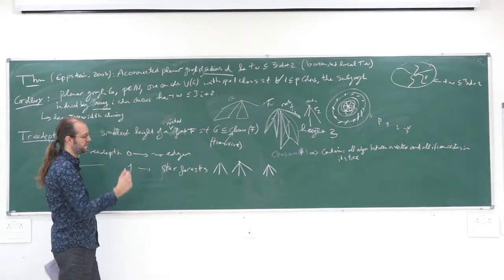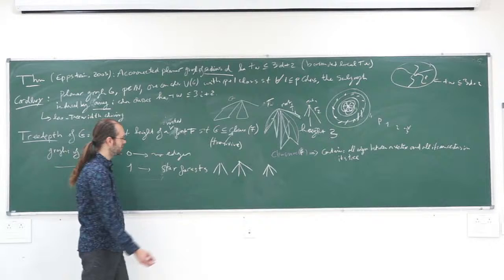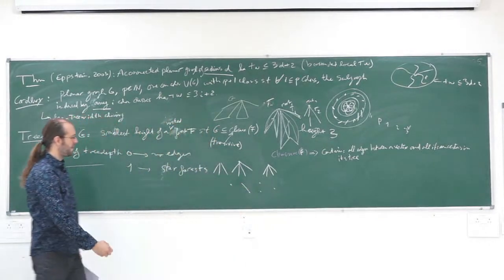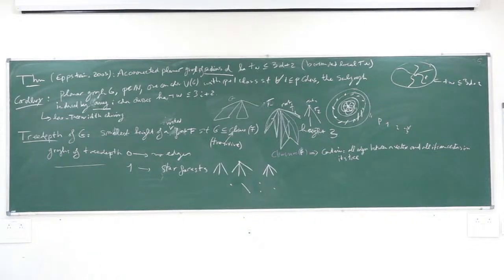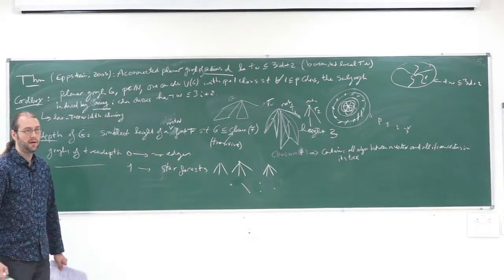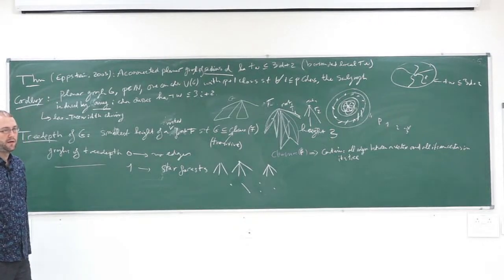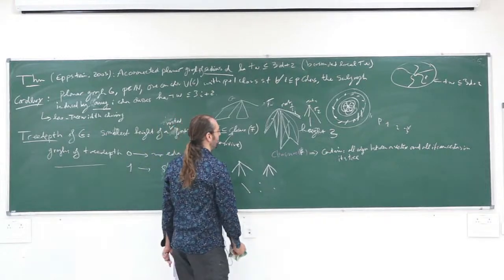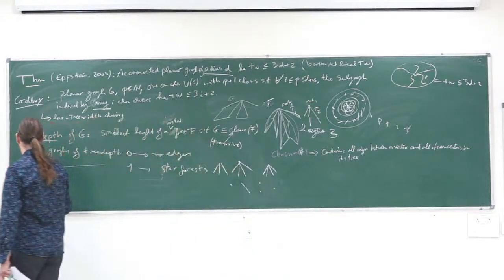The only thing you can do is take a substar. So this is tree depth 1, the star forest. How is this related to the treewidth parameter? I'll come to that. In fact, maybe I come to that exactly now.